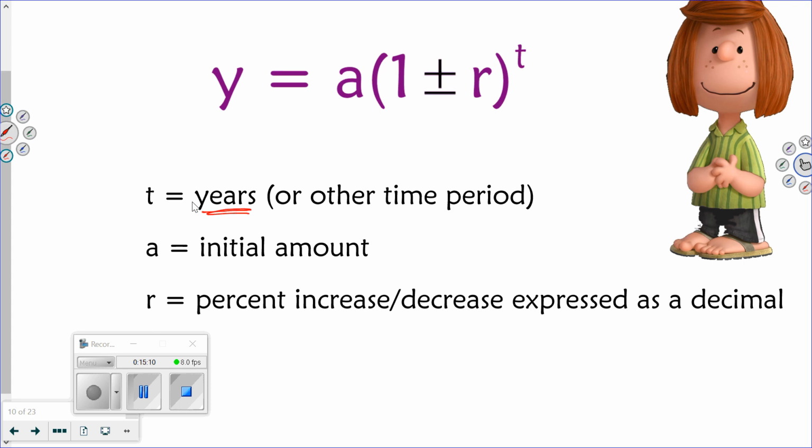That first number, parents put in $5,000. R is the percent of increase or decrease as a decimal. Be careful, not to pick on her, but she had said 0.5 was 5%. That's 50%. If you're not sure, how do you change them? It'd be 2 spots, right? Because how many zeros are in 100? There's 2. You can always just divide them by 100. If you're not sure, 5 divided by 100 will give you the 0.05.